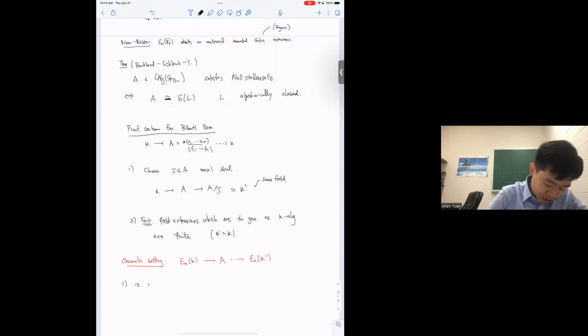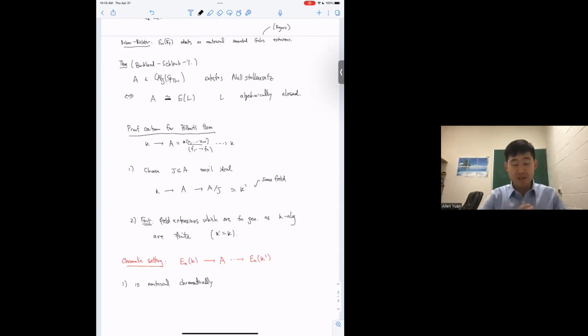So one is non-trivial chromatically. And the reason is that quotients are poorly behaved. You can't say that your algebra A has a maximal ideal and you can just quotient by it. Because in general, if you have an element in a commutative ring spectrum in pi zero, you can't quotient and still remain a commutative ring because of the existence of power operations.